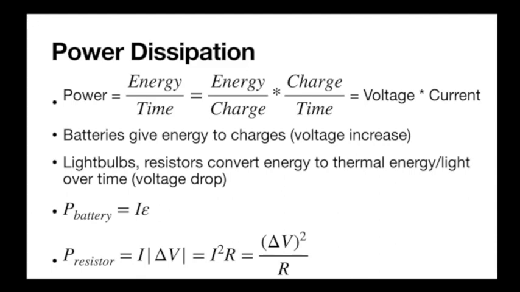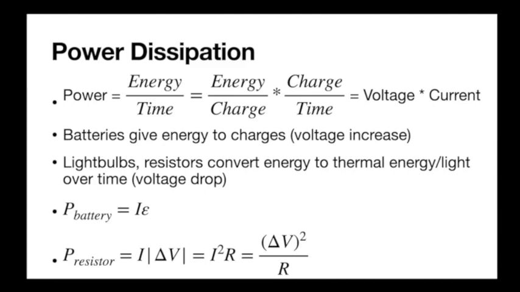But power dissipation also has to obey conservation of energy, right? Whatever energy we dissipate in the circuit has to come from somewhere, and whatever energy we pump into the circuit has to go somewhere. So if I know how much power a battery is pumping into the circuit per unit time, that all has to be dissipated at the same rate by all the resistors or light bulbs or whatever in the circuit.